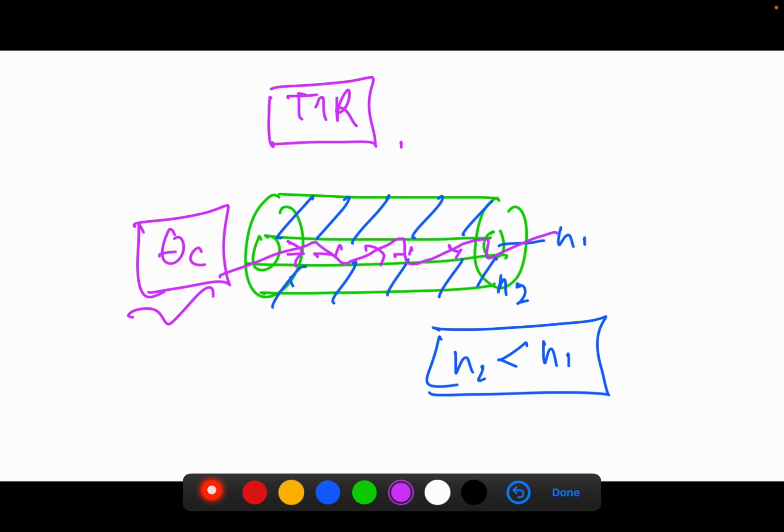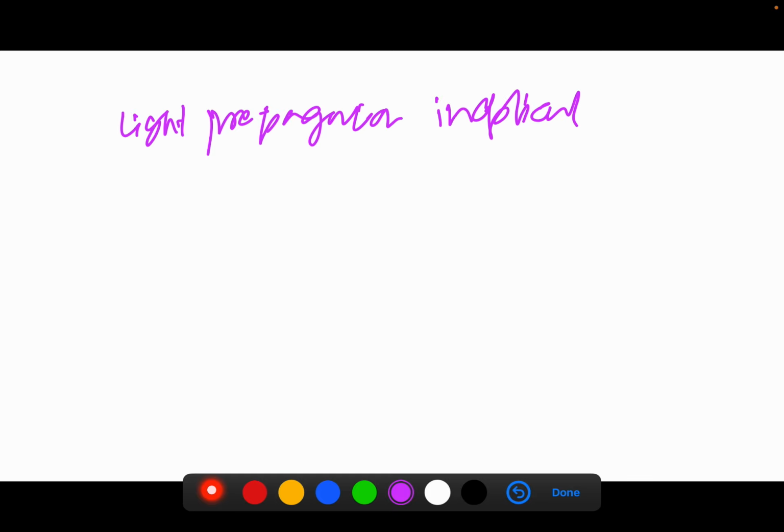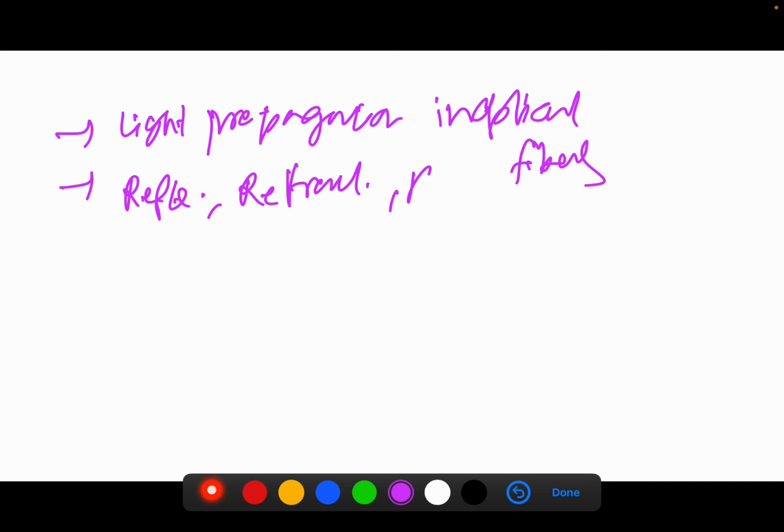So till now I have discussed multiple topics. We discussed light propagation in optical fibers, then reflection, then refraction, refractive indices, numerical aperture, angle of incidence.